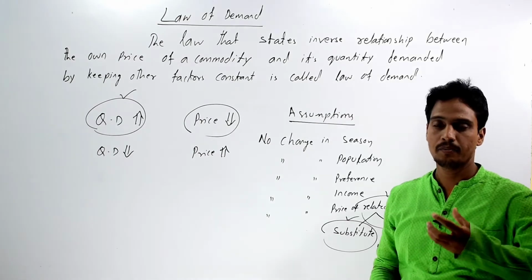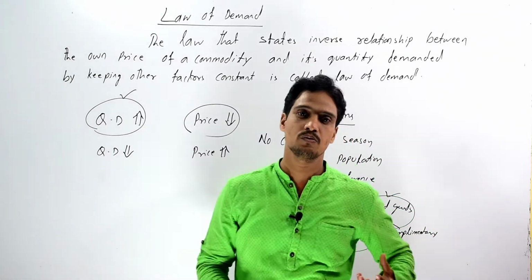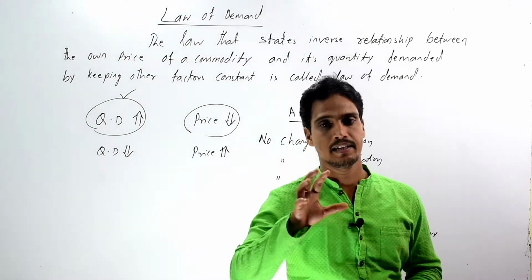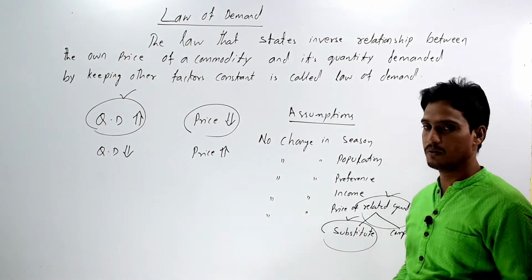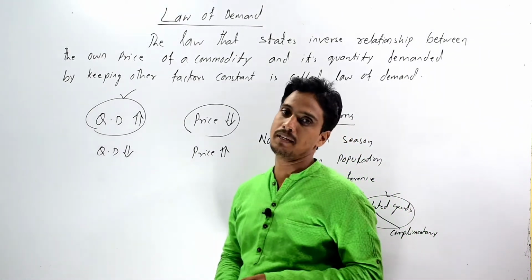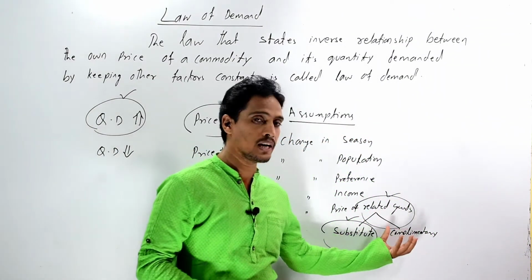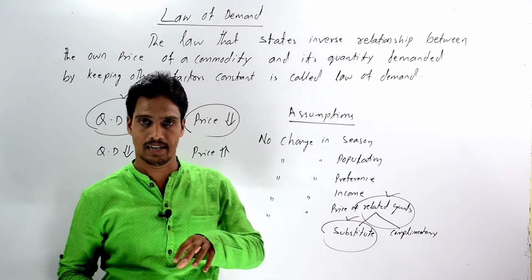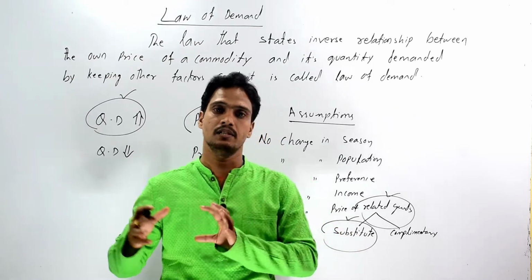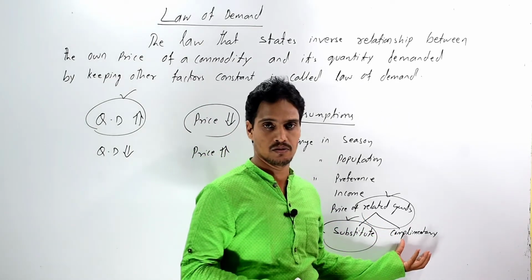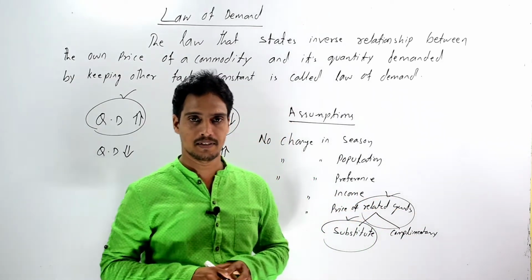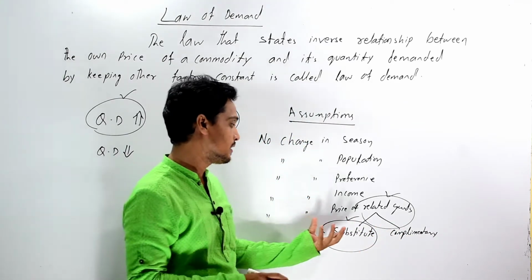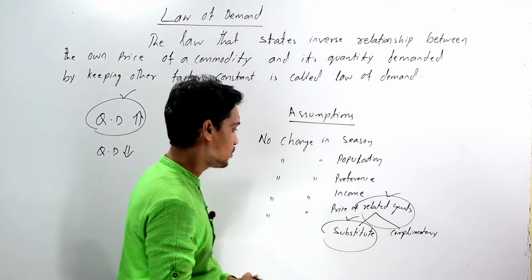If we serve coffee, we should not serve tea. But in case of complementary goods, one good cannot be used without the other good. If we use a car, we must use petrol. So petrol and car are complementary goods, but tea and coffee are substitute goods.